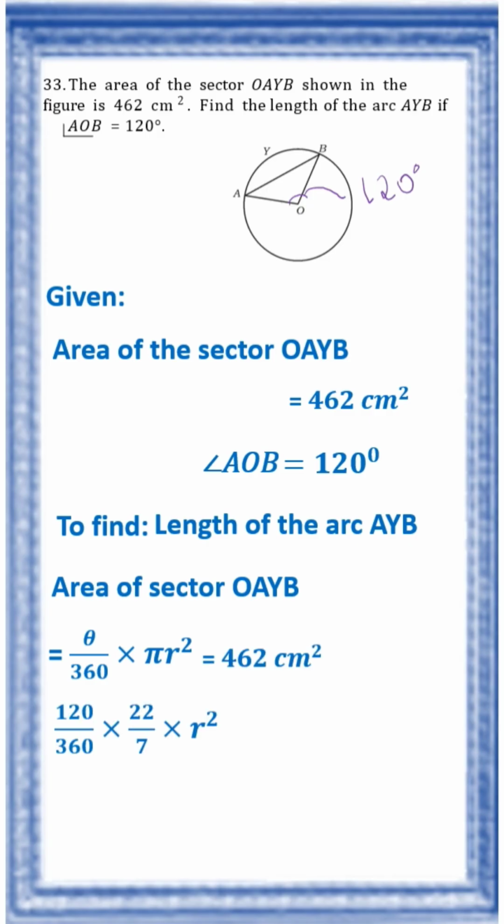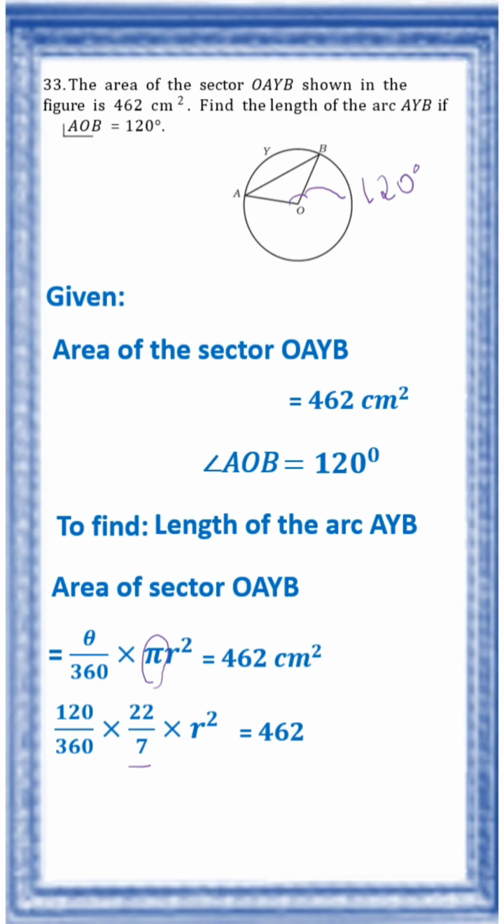Now let us substitute the values. Theta is 120. Why have I put pi as 22 by 7 here? Observe, 462 and 22 can get cancelled with each other. Otherwise, I would have to put 3.14.